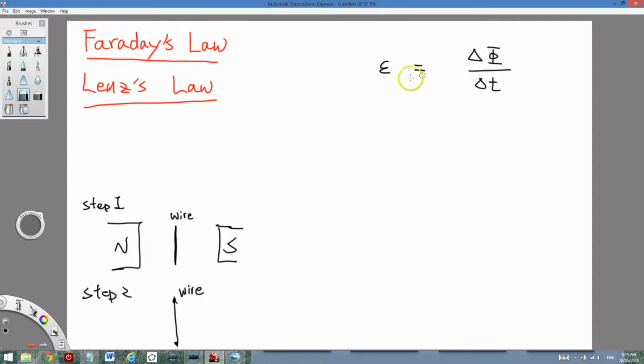The important part here is that the induced voltage, the induced EMF, is related to the rate of change of the magnetic flux.